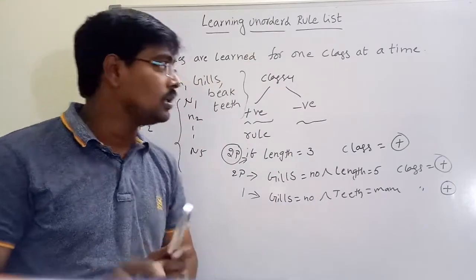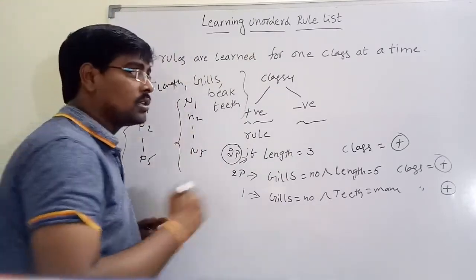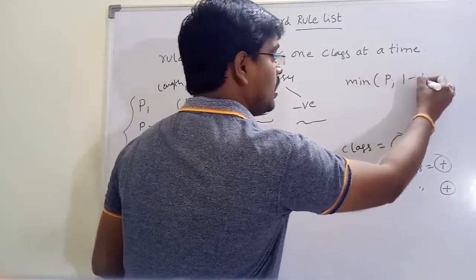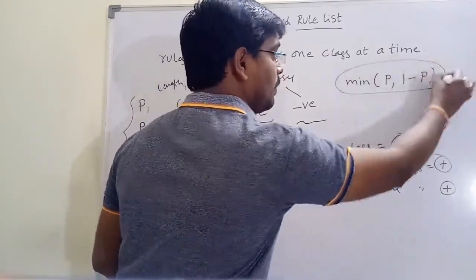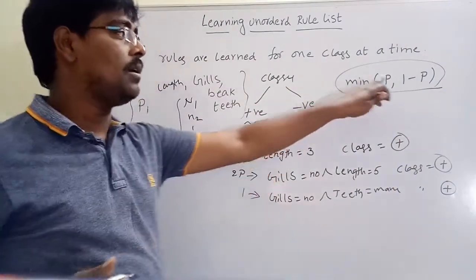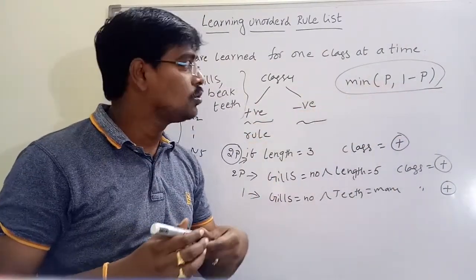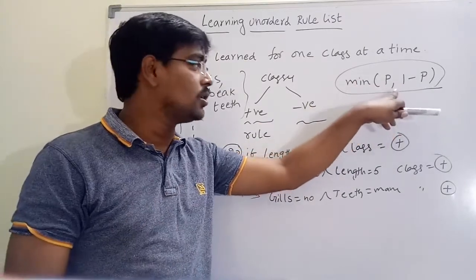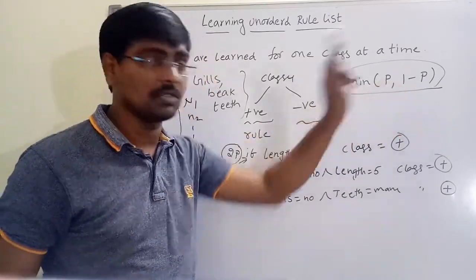In the ordered rule list, we concentrate on minimizing the value of min(p, 1 minus p). Our aim is to minimize this value for that heuristic.